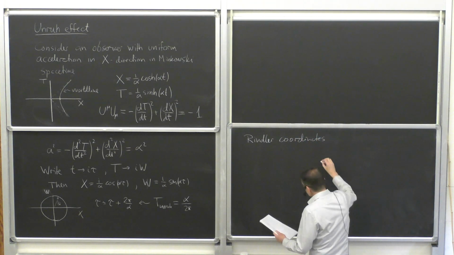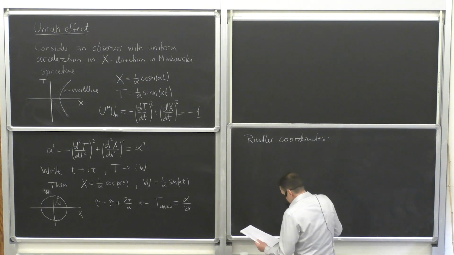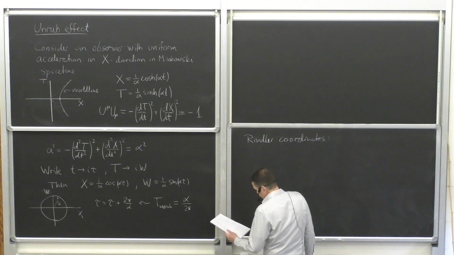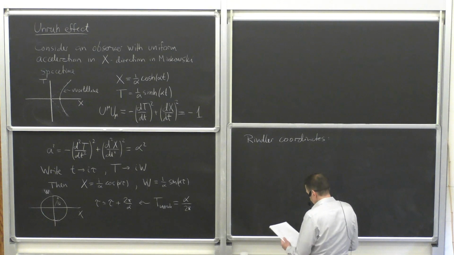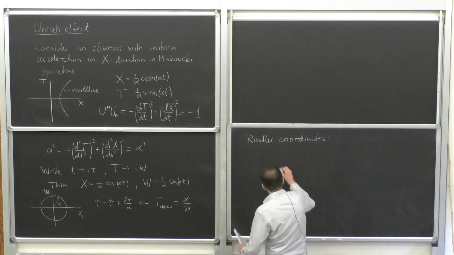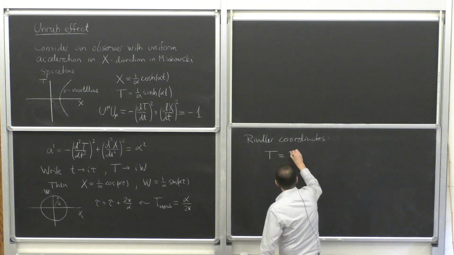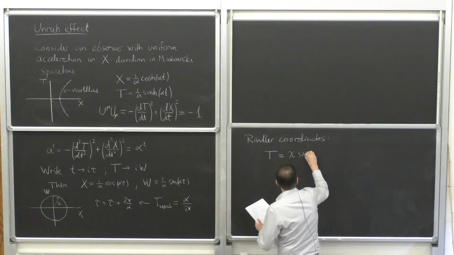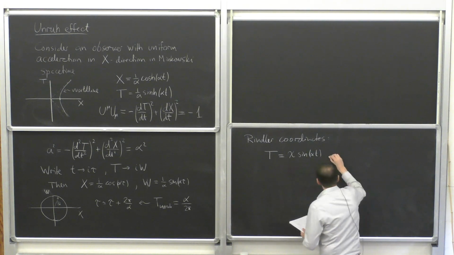So Rindler coordinates are, okay, I'm going to write my t as chi sinh of alpha times t, right?